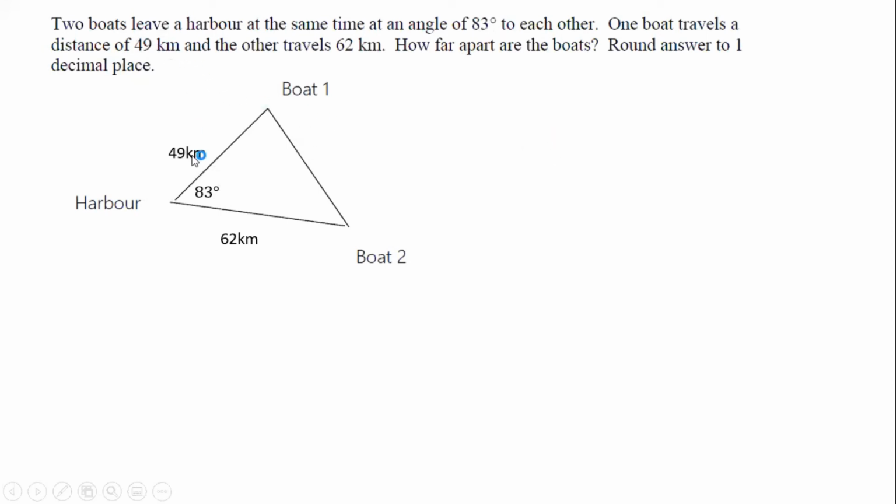They both leave the harbor. So the harbor is here and they're traveling a distance of 49. So this one goes this way, 49 kilometers. This one goes this way, 62 kilometers. And the angle between them is 83 degrees. So I want to know how far apart are the boats. So what are we trying to find? Are we trying to find an angle or a side? What do you think?